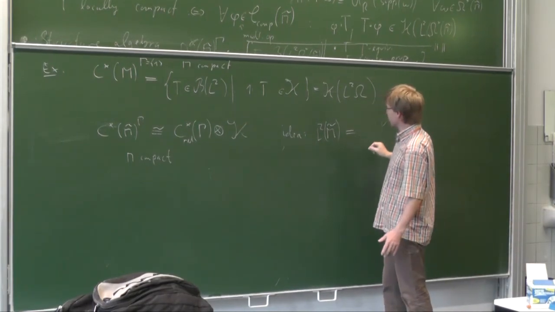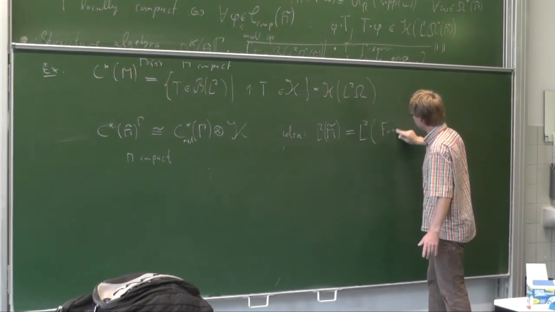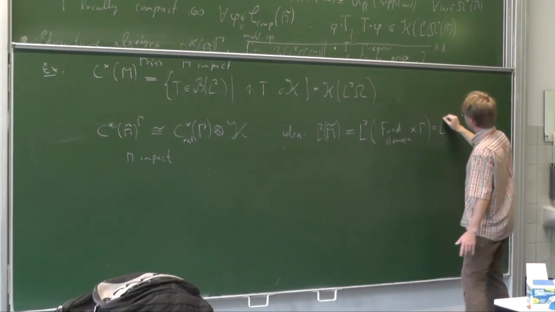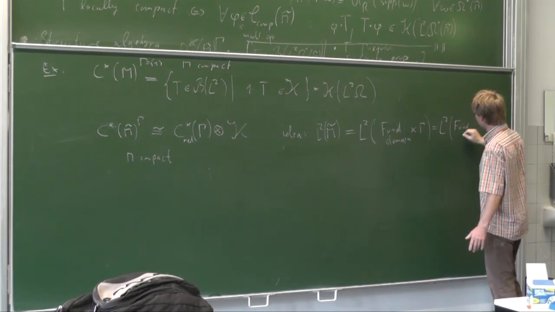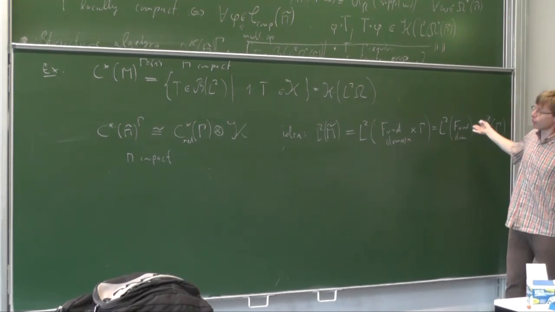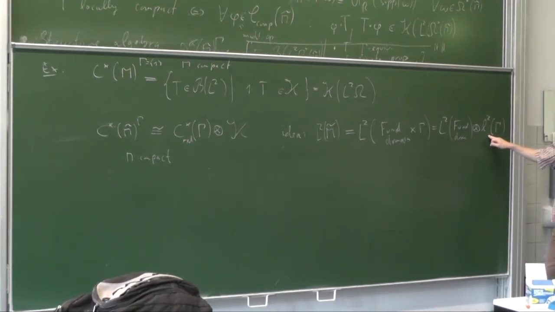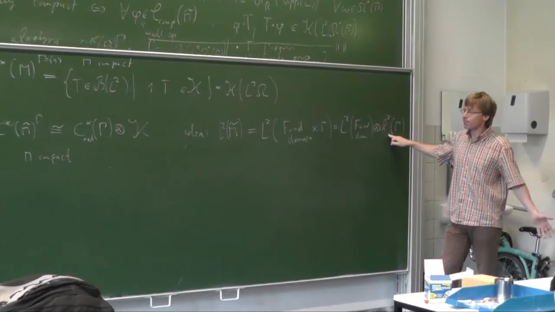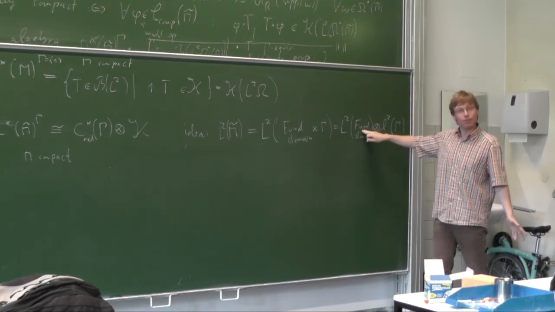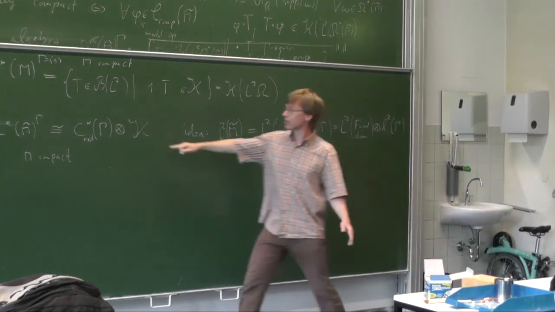So the L2 functions on this are really L2 functions on some fundamental domain times gamma, which is L2 of this fundamental domain tensored with little l2 of gamma, and then you have to work out this C star reduced of gamma, which are the operators on here, the closure of the translation operators by gamma. Here this picks up all compact operators from the compactness property. So take this idea to work out that this is really true.